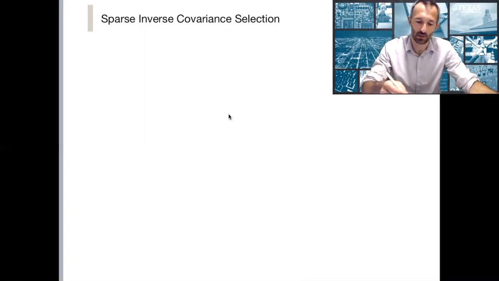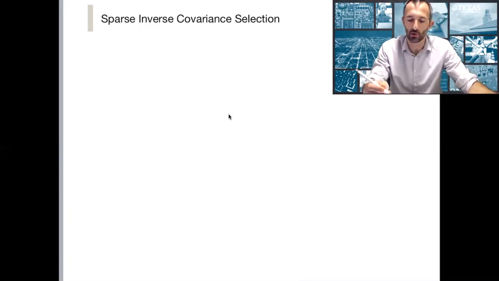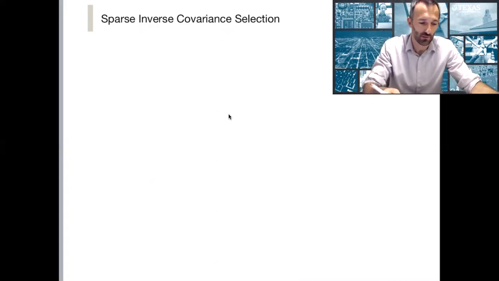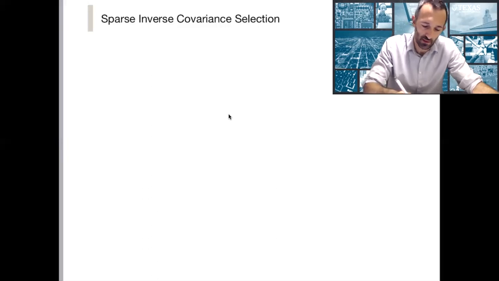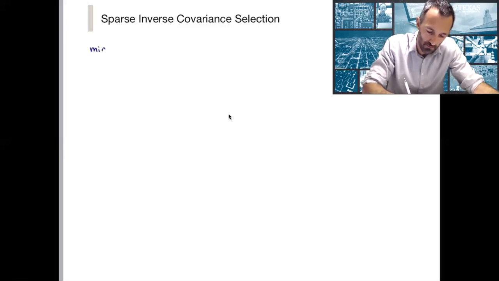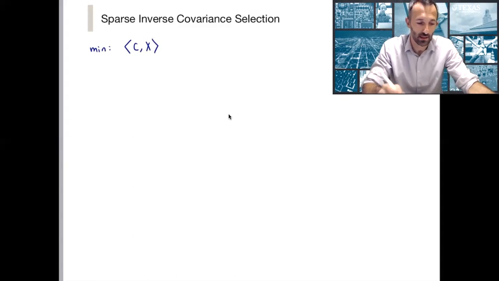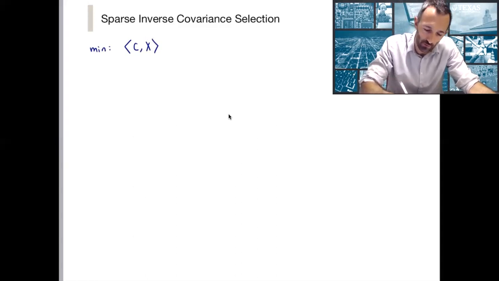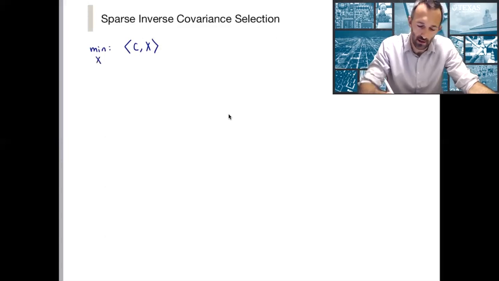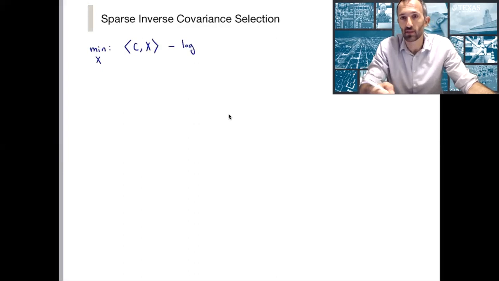So let's just write it down. Sparse inverse covariance selection. One way to solve this is to solve the minimization problem: min of the dot product between matrices C and X. C is given, and X is what we're solving for. So this is a minimization over X. I want to make sure that X is positive semi-definite.